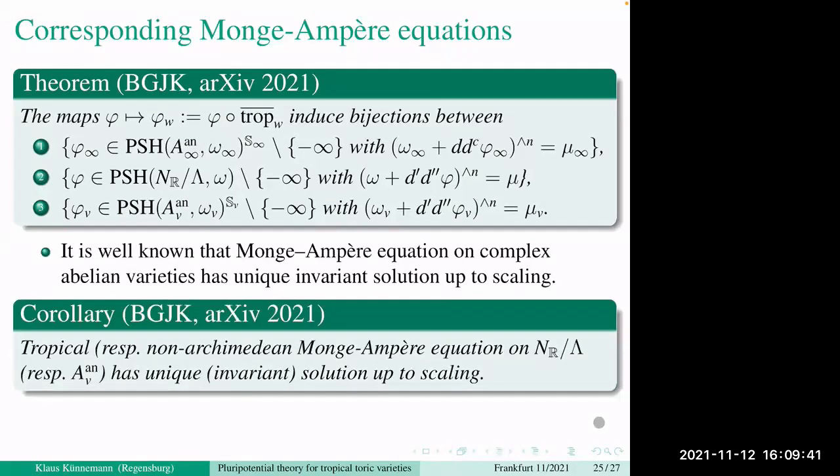Okay, and now we can use that it is well known that the Monge-Ampère equation on complex abelian varieties has a unique invariant solution up to scaling.